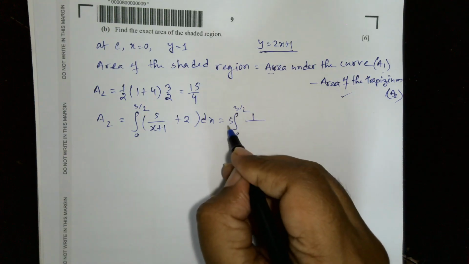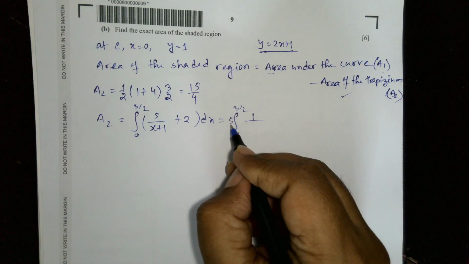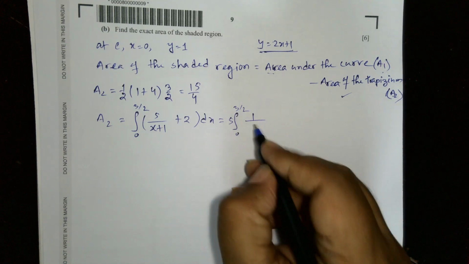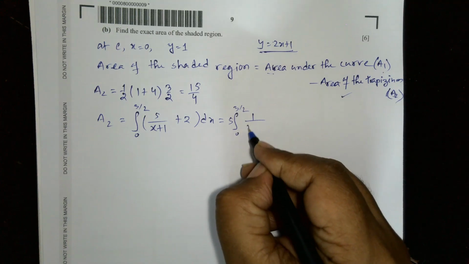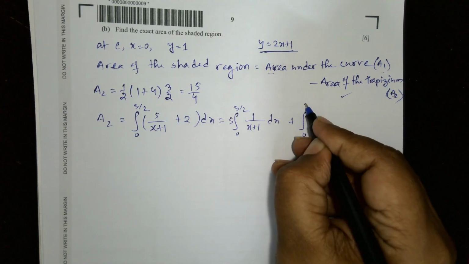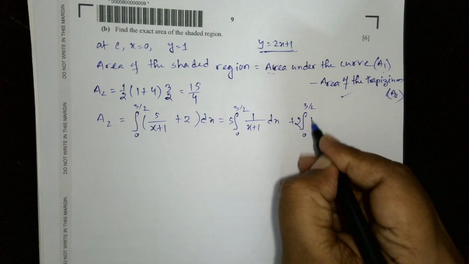Why did I write the 5 outside of the integration? Because 5 is just a constant coefficient. It will remain as the multiplying factor and will not take part in the integration. Then plus again the integral from 0 to 3 over 2 of 2 dx.